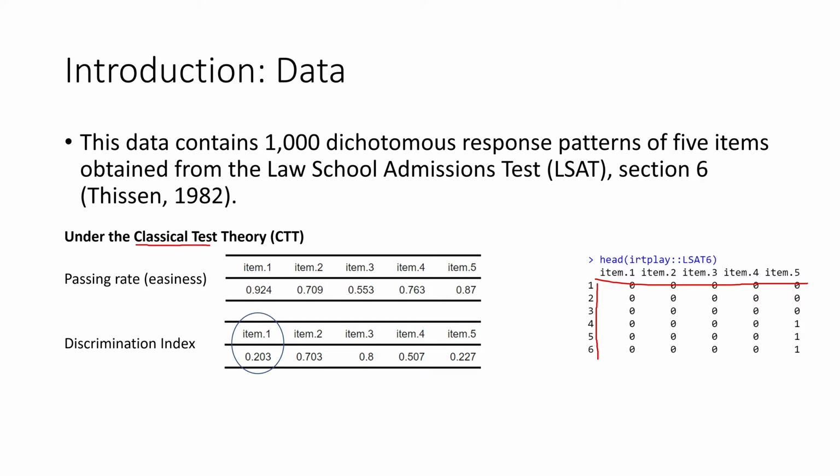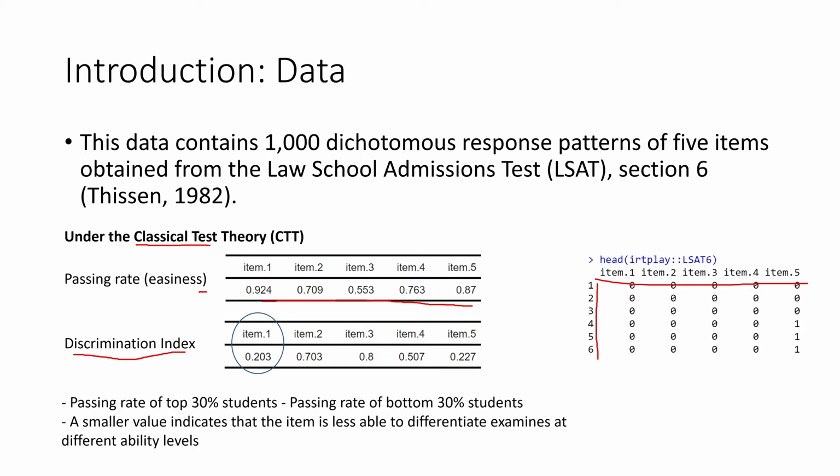For the passing rate, we can see the 5 items have different percentages of examinees who answered them correctly, which means the items have different difficulty levels. For the discrimination index, it is the difference between two passing rates of the top and the bottom students.